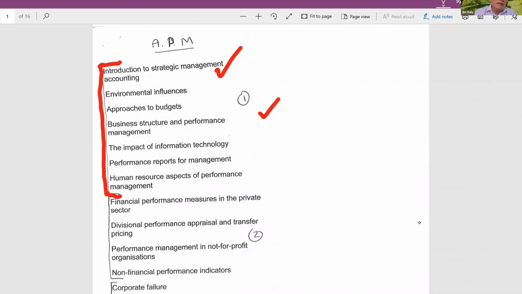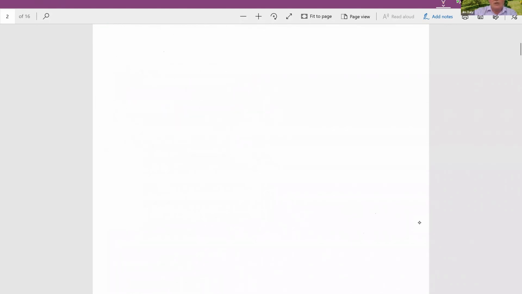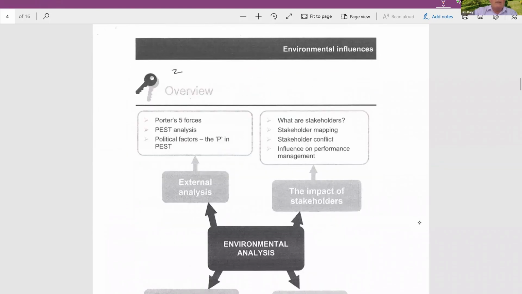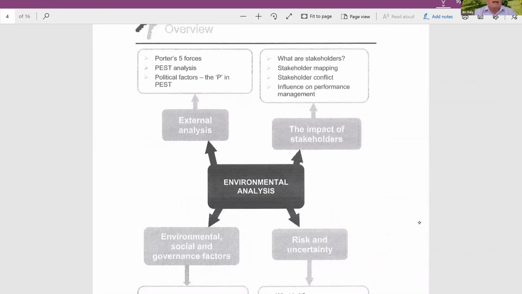The second area in section 1 that I look at is what we call environmental influences. And as I said, this is just a quick tour, guys, as to what APM is about. In looking at the environmental influences, for the external analysis, we need Porter's 5 forces, a little bit of PEST analysis or PESTEL: political factors, i.e. the P in PEST, E being economic, S being social, and T being technological.